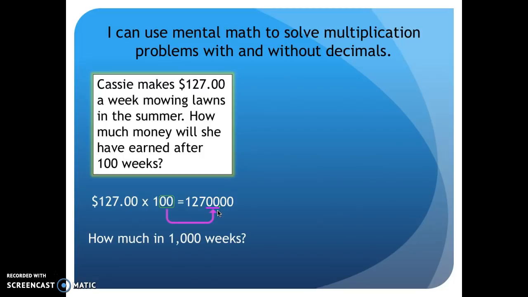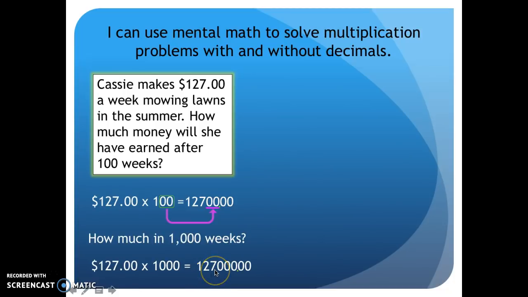So now, whoa, 1,000 weeks. It's a lot of weeks, but let's figure it out. If we moved it one place with 10, and if we added 2 zeros or moved our decimal 2 places with 100, what do you suppose we're going to do with 1,000? Hopefully you guessed it. Add 3 zeros, or that means moving our decimal 3 places to the right.